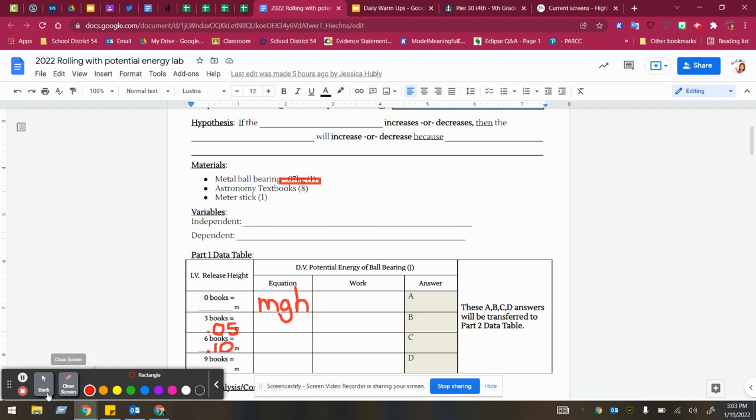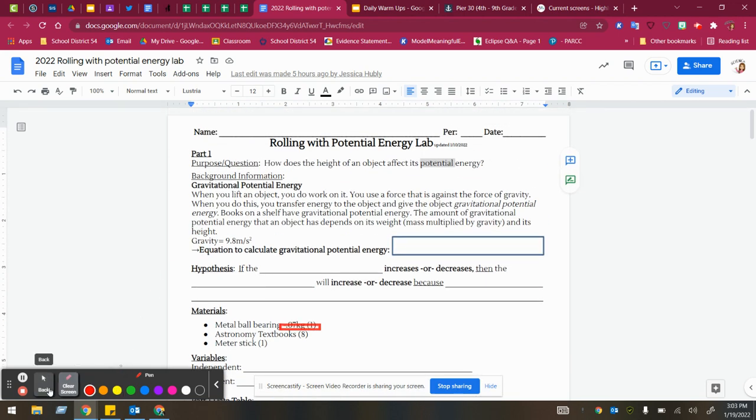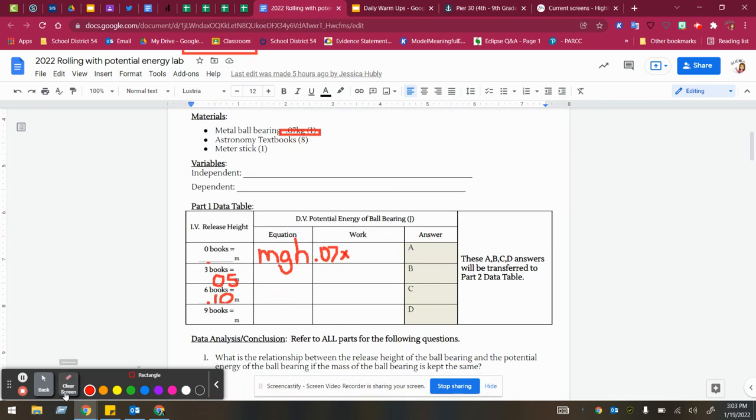So in your work, you're going to start by taking 0.07 and writing that in the box. We're multiplying it by G, gravity. G is located up here in that background reading. We have gravity as 9.8. So you're going to fill it in with 9.8.